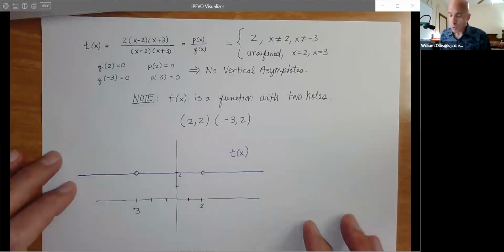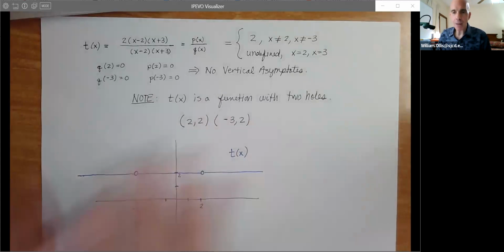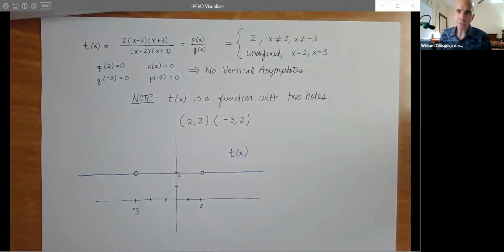So I want you to keep this in mind because this is a very popular calculus problem. Functions with holes in them make great limit problems. And when you get to Calculus 1, that will be one of the first topics that you cover, functions with holes in them.